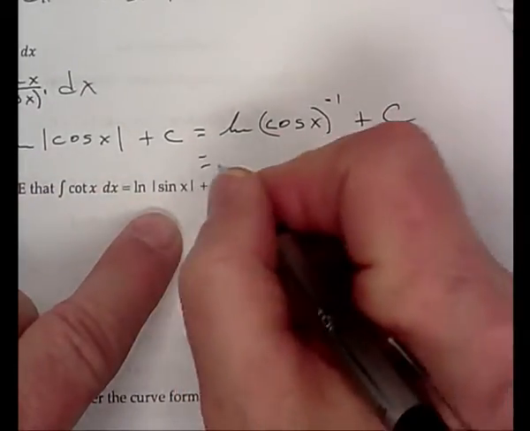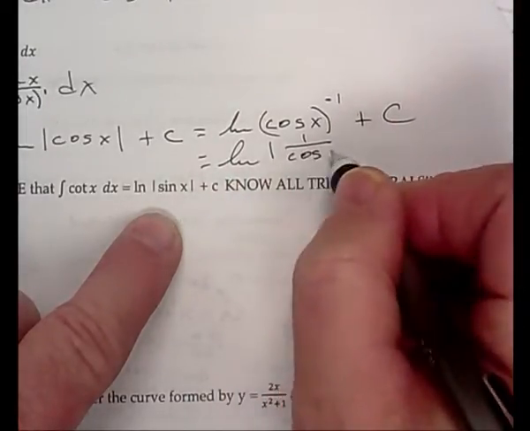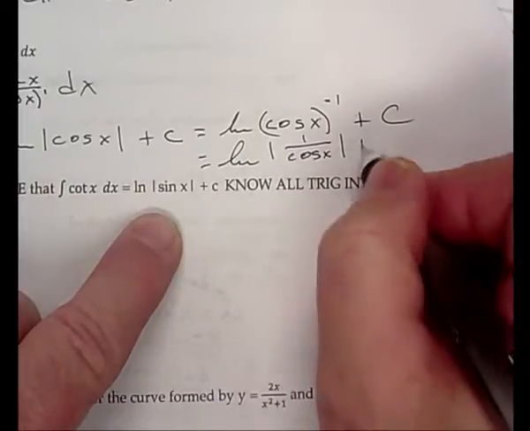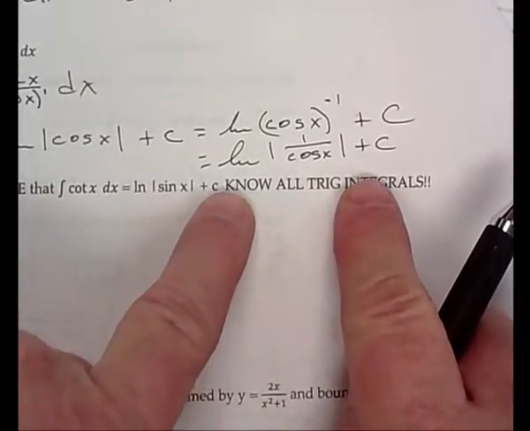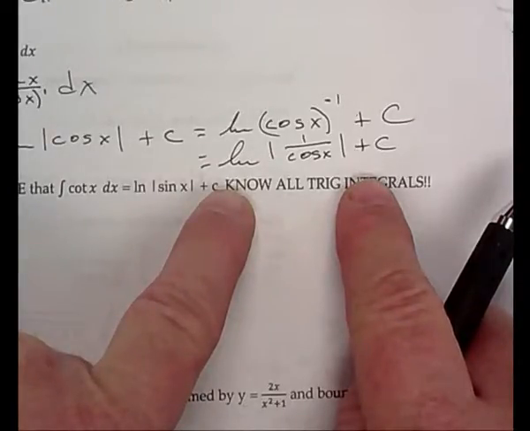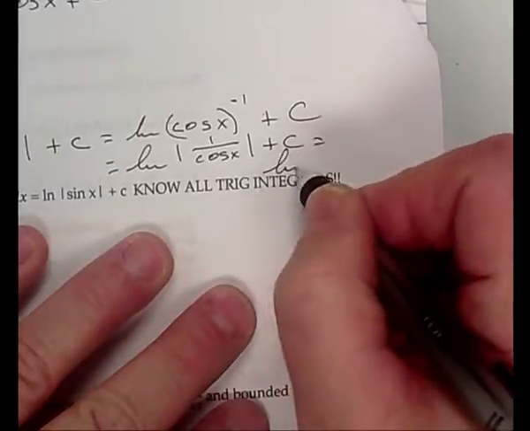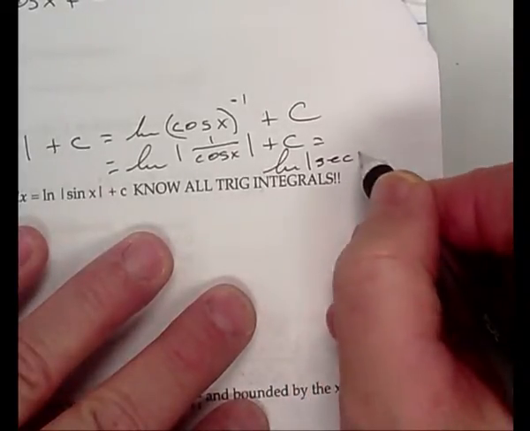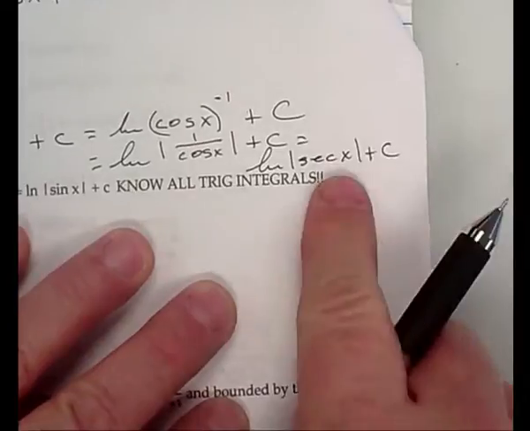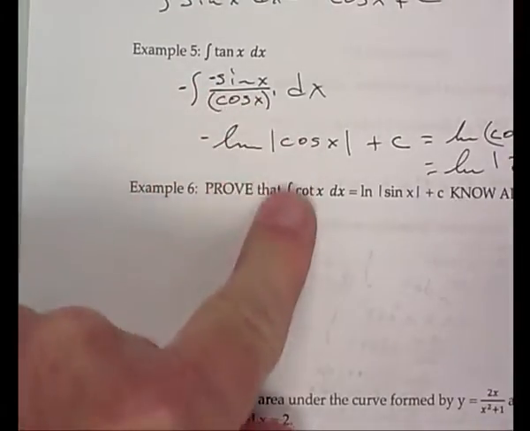This is equal to the natural log of 1 over cosine plus c. This is correct. So what's another answer I can say? What's the reciprocal of cosine? So this could be an answer, or this could be an answer.